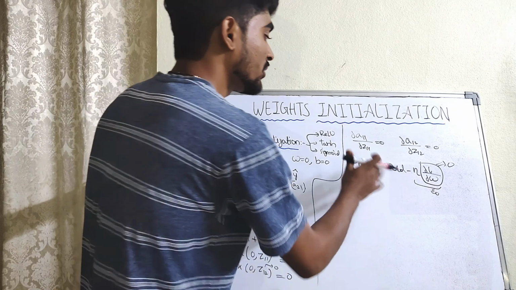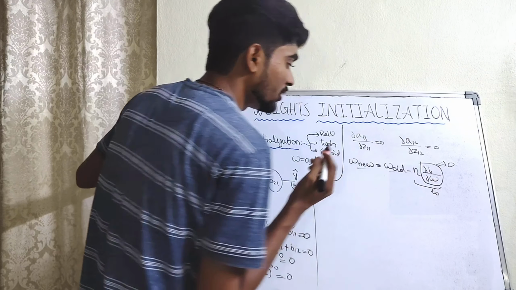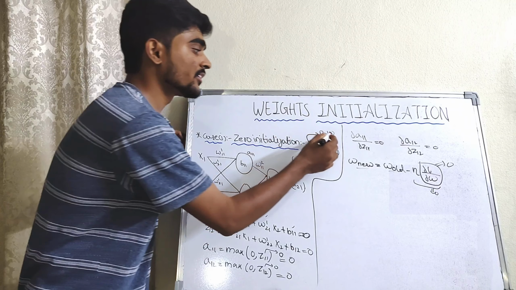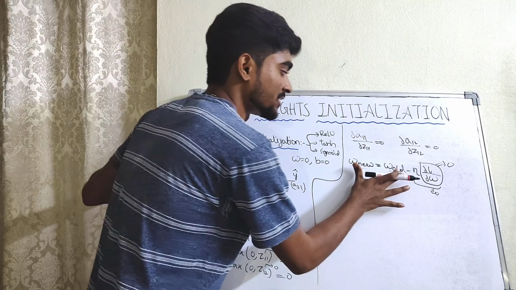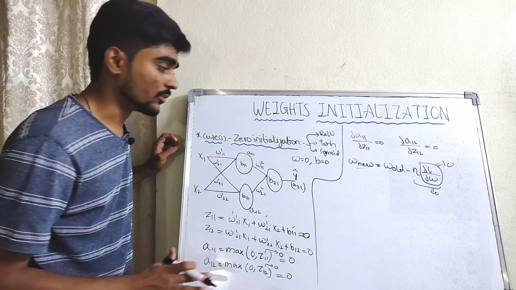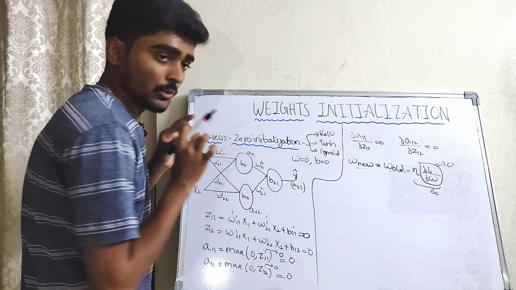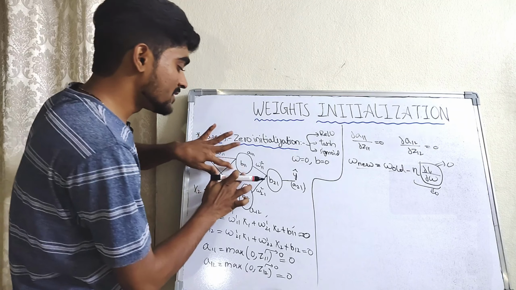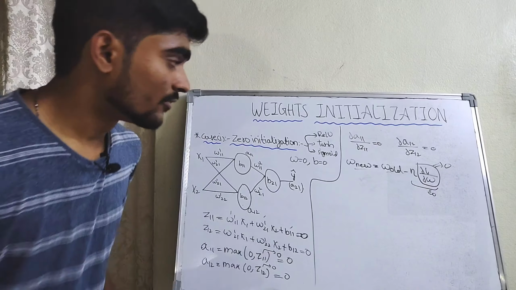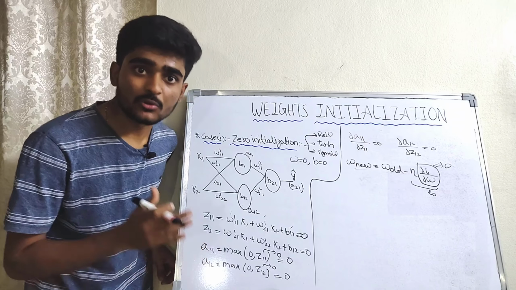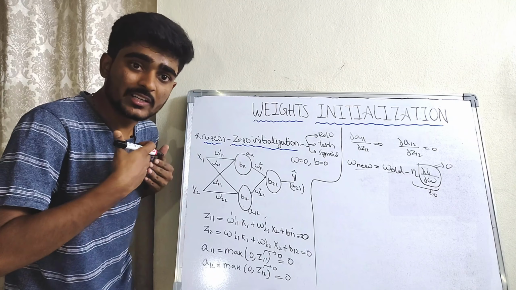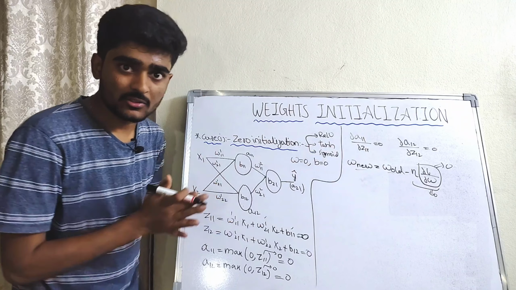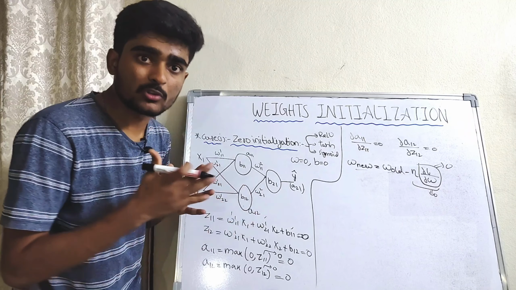Here you can see that w new value is equal to w old value where we have taken relu activation function. As both these weight values are equal, the node is dead. Once the node is dead, it is dead forever. Once you have initialized the weight values, those initialized weight values will continue forever in the training. Let's say you have taken 100 epochs for training.